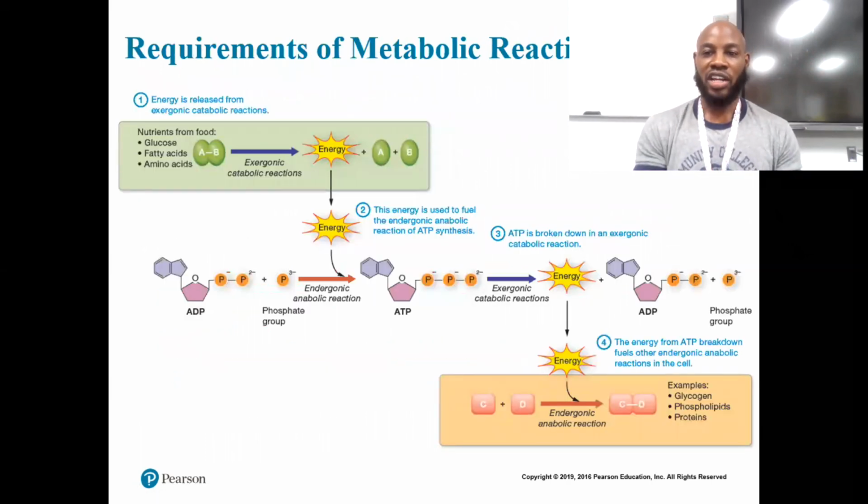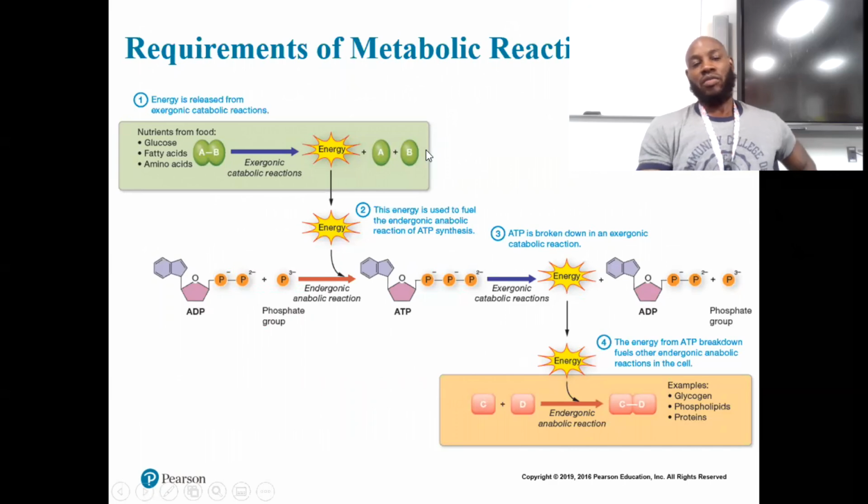And this is just a diagram of metabolic reactions. Energy is released from glucose, fatty acids, or even amino acids. Usually glucose and fatty acids are what we want. We take in glucose, we eat fatty acids. Both of these are our main energy sources.